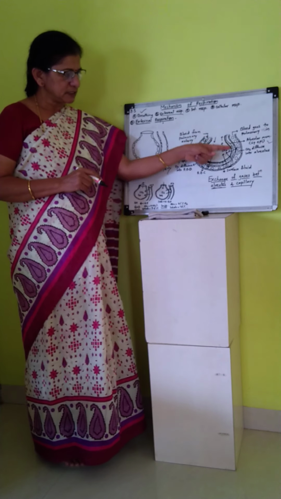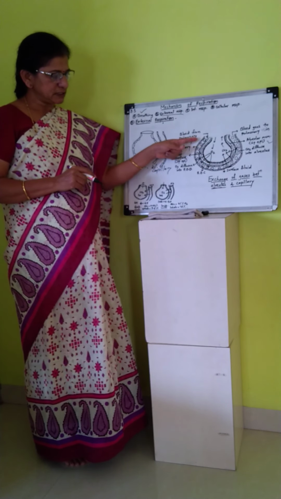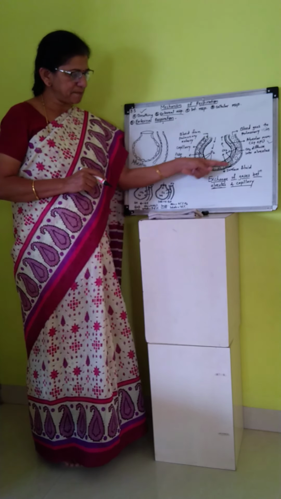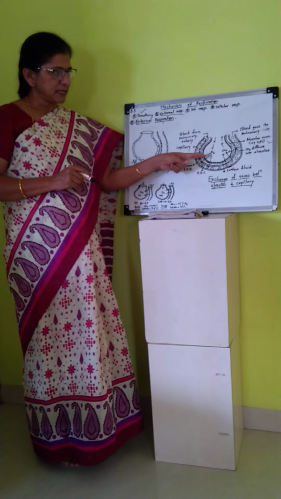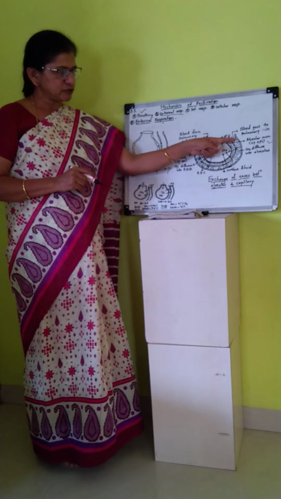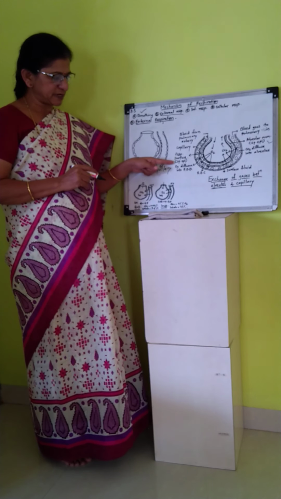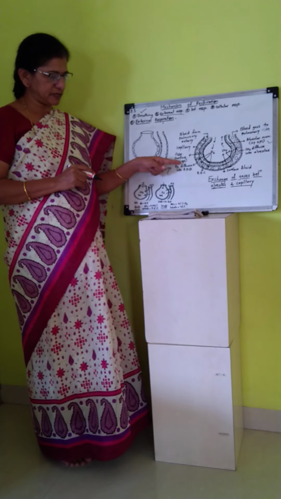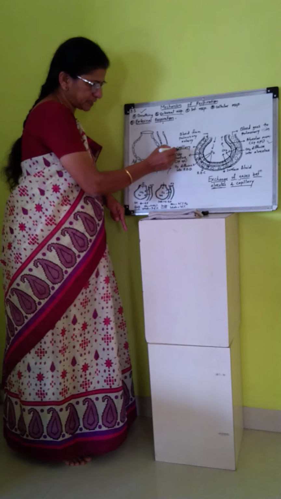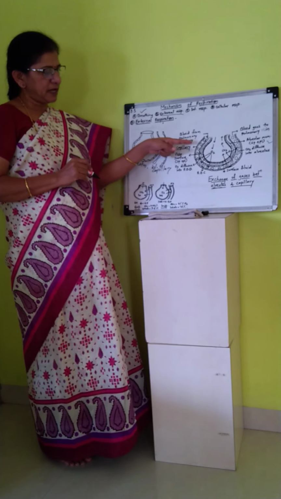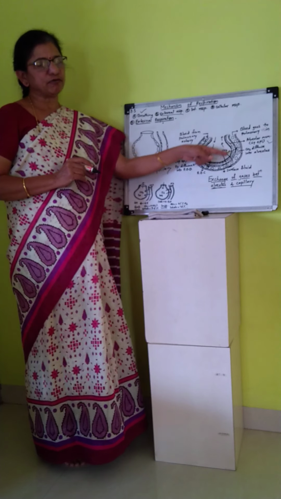Around this alveolus, a capillary is present. The capillary also has squamous epithelium. It is also called the respiratory surface, having squamous epithelium. You can see here, and through it the blood flows.